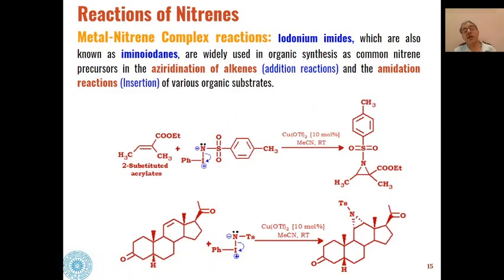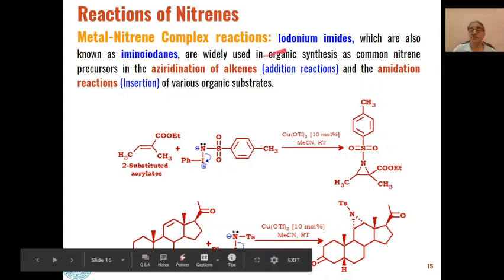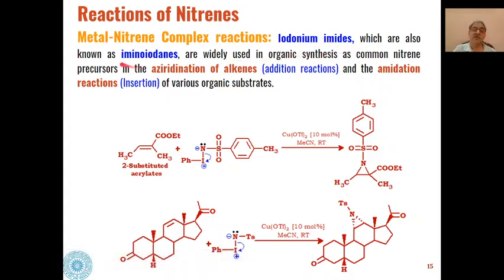Then there are metal nitrene complex reactions, and among these reactions the most common one is the use of these reagents, iodinium imides, which are also known as amino iodines.